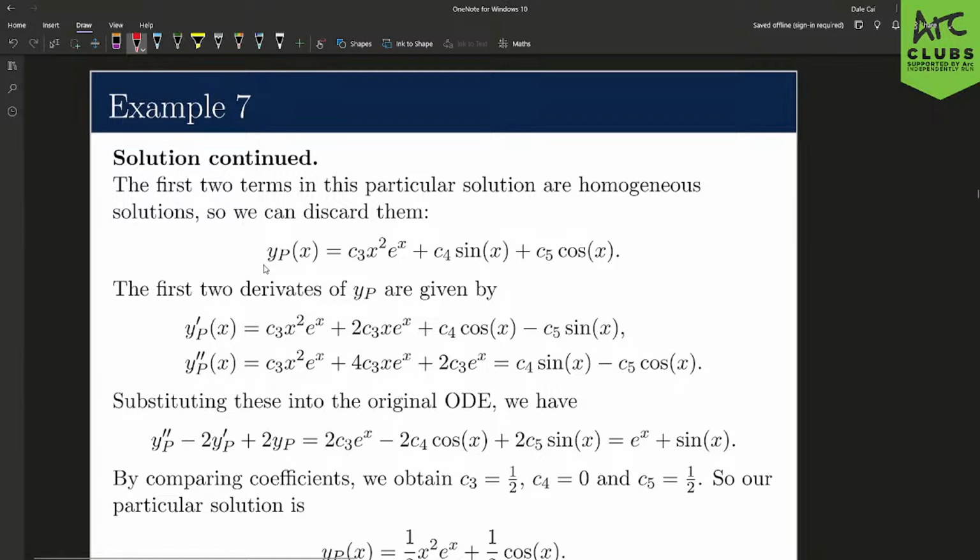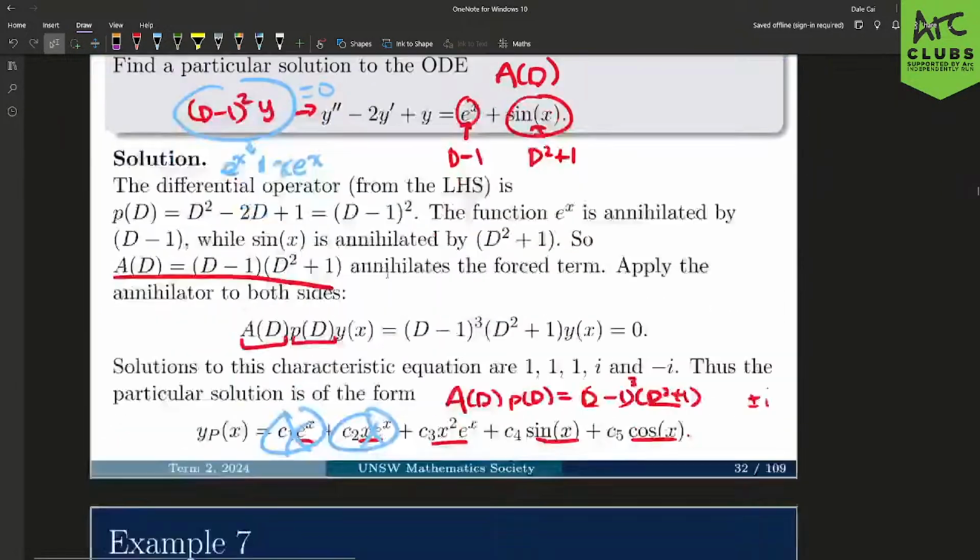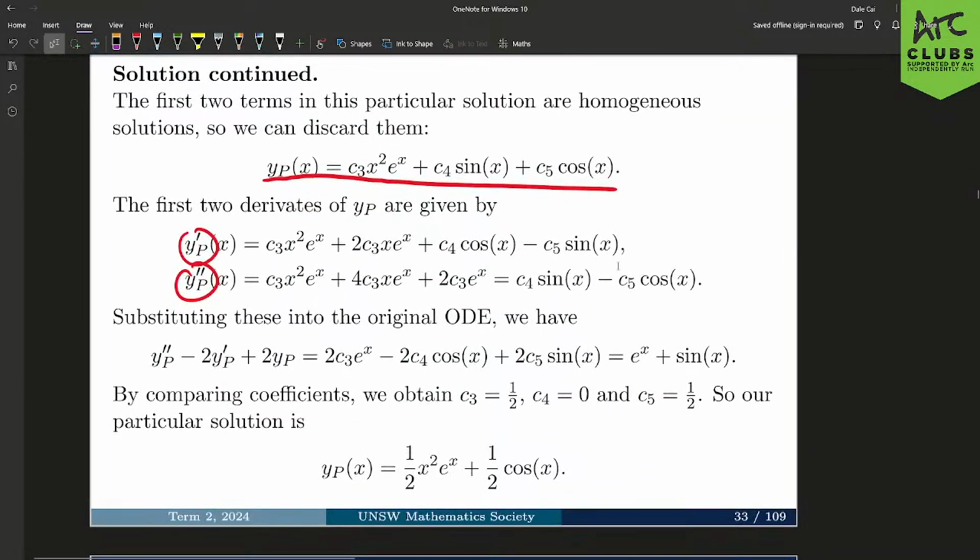And now using this function, we find the derivative, the second derivative, and we have to plug it into the original ODE. It's really tedious. You plug it in, but it will cancel out into a nice equation. One thing you can note here, to make your life a bit easier, is you don't need to keep track of all the x squared e to the x terms, or all of the x e to the x terms, because you know they're all going to have to be 0 anyway.